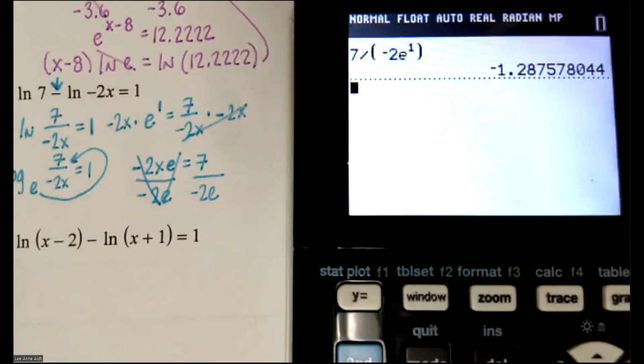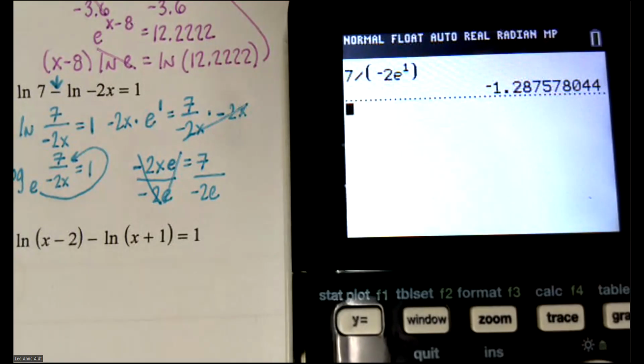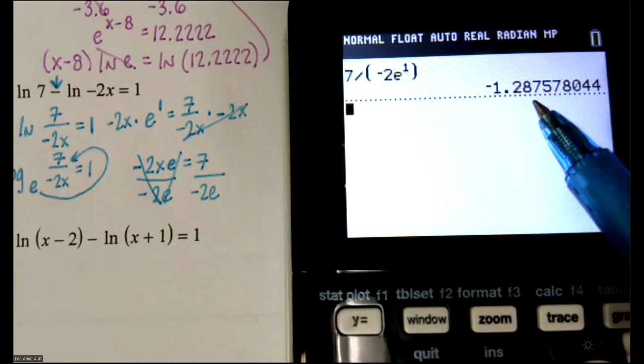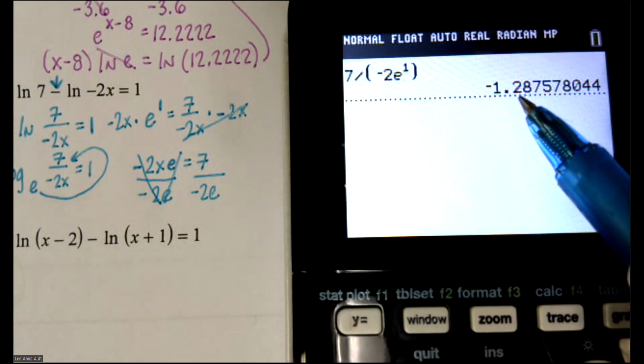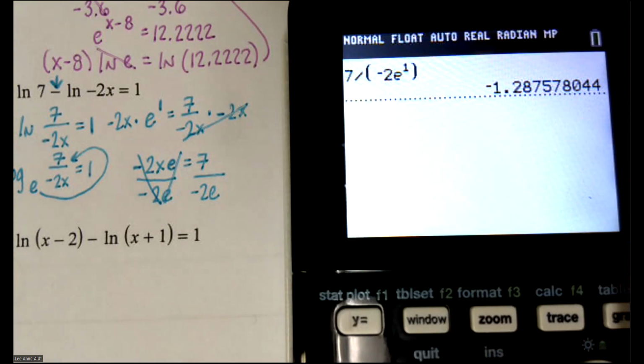Okay, so tell me the proper rounding for this problem. Yes, negative 1.2876.